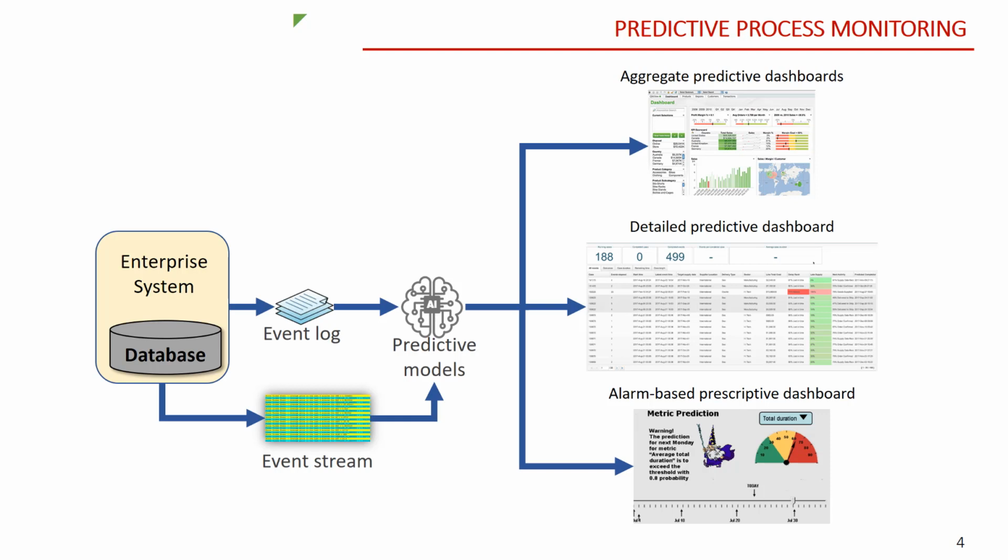As well, we can create alarm-based prescriptive dashboards, and these dashboards can just tell you, okay, in 2 days, maybe 30% of your cases are going to fail, so do something, maybe assign more resources, or maybe just be prepared for what is coming.